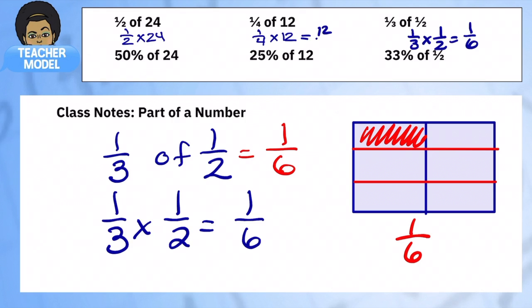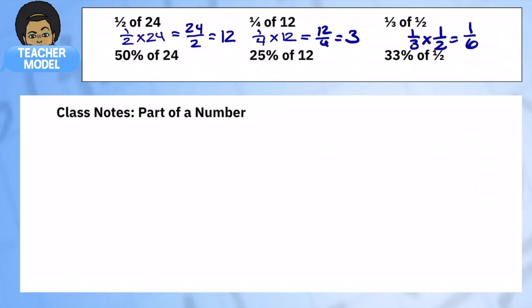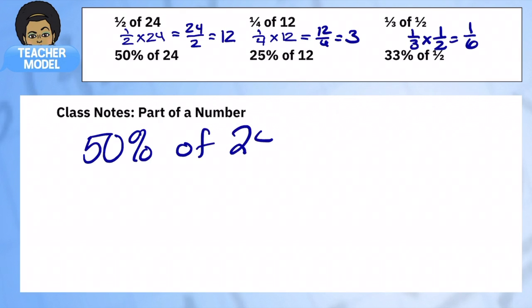So we have these answers. I'm just gonna put these here, just so we have them for reference. And now I'm gonna pretend like I'm gonna ask the same question. Well, what if I wanted a percent of a number? Could we just multiply it? So if I want 50% of 24. Think about it like if you were in the store, something is $24 and they say it's 50% off.